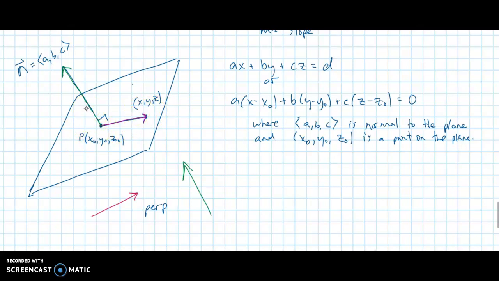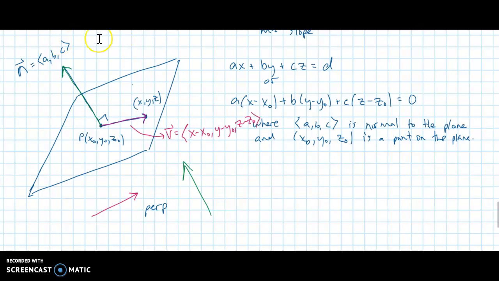I'm going to call this vector v for now. V is equal to x minus x naught, and then the y component is the ending point y minus y naught, the starting point, comma, z minus z naught. And that should be a vector sign, not a parenthesis.